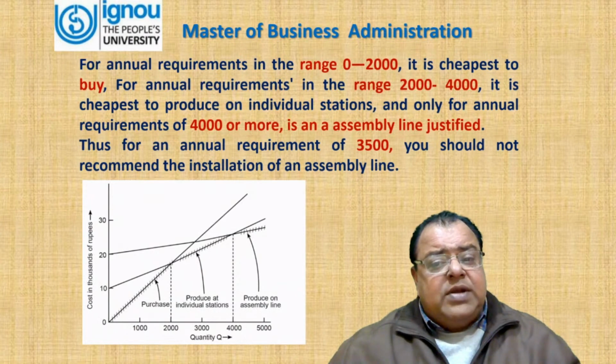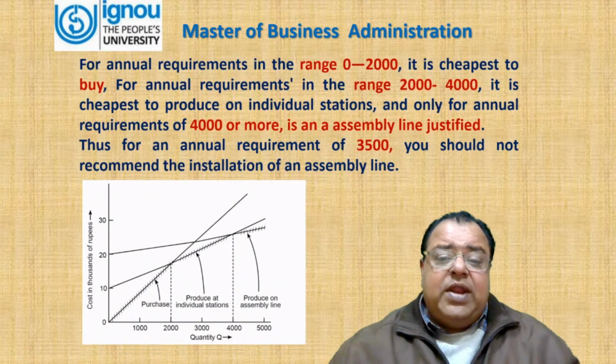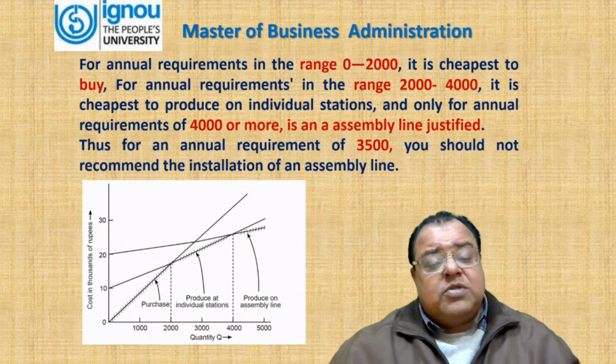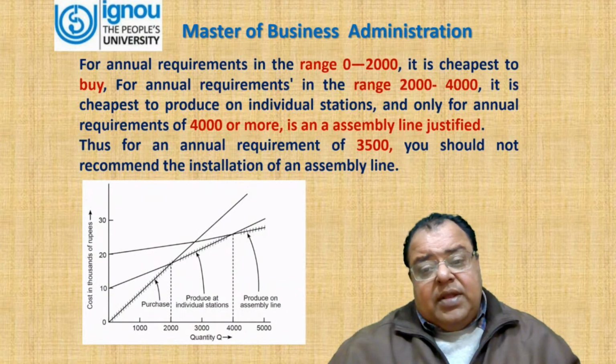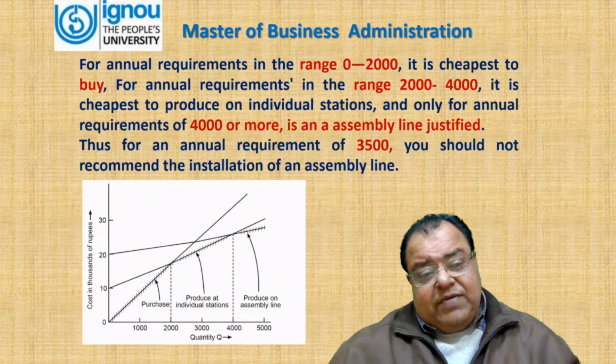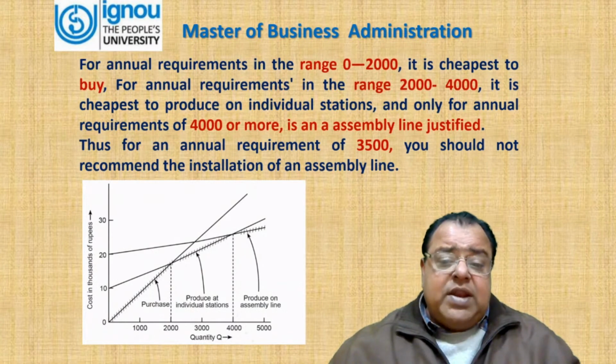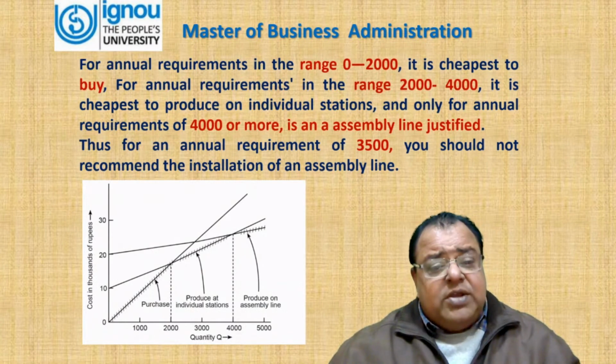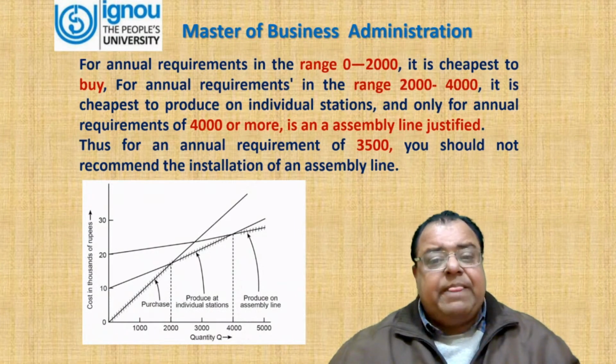For annual requirements in the range of 2,000 to 4,000, it is cheapest to produce on individual station. And only for annual requirement of 4,000 or more, assembly line is justified. Thus, for an annual requirement of 3,500, you should not recommend the installation of assembly line.